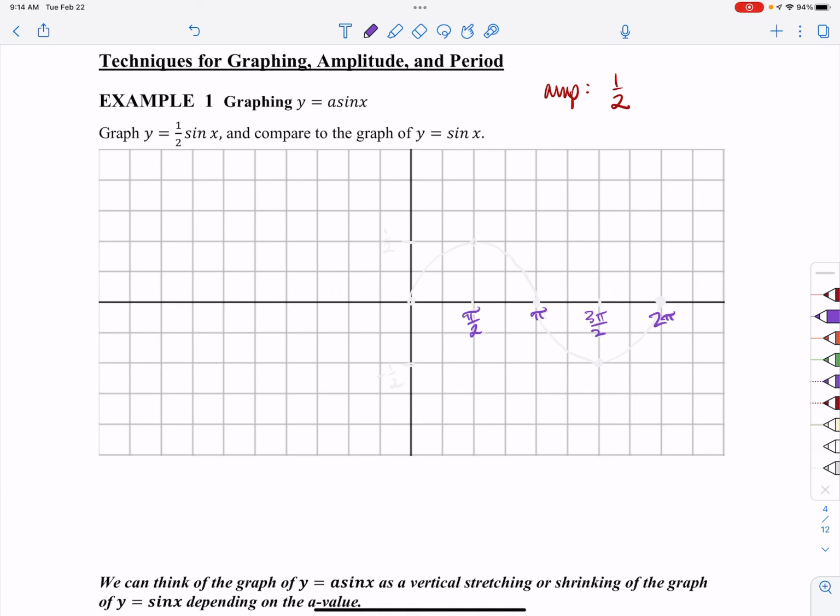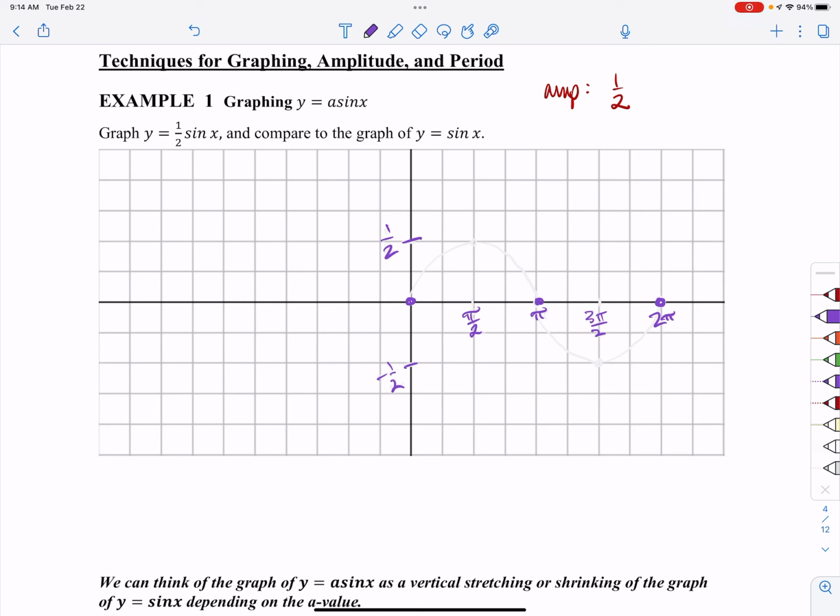My sine graph always begins at the origin. So I'm going to go ahead and put my original point at the origin. And this guy is going to go up to 1/2 and down to -1/2. The parent went up and down to 1 and -1. This guy is only going to go up to 1/2. All right, so we understand here that the beginning, the middle, and the ending of my parent sine are going to be x-intercepts.